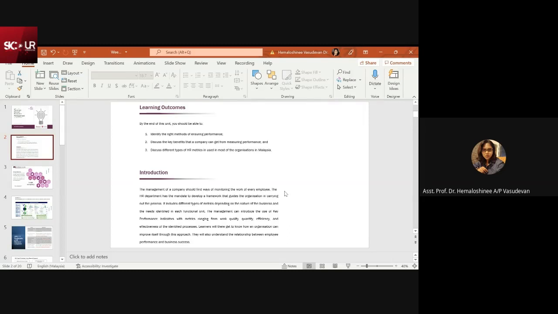Okay, so let Hakimin or Fairuz explain about their hotel line performance measurement. After that, I will let you know how we are going to relate it, because we need to know the scenario of the performance measurement. Then we look into the slides. After that, you try to connect them to each other so that we can understand better, because in your final exam your question will be a scenario question, like a case study.